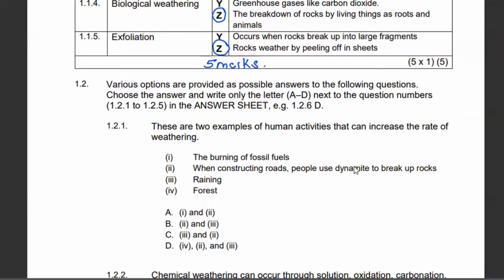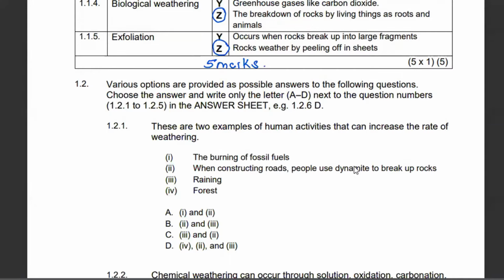Then we go to question 1.2. Here various options are provided as possible answers to the following questions. You're going to choose the answer and write only the letter A to D next to the question numbers 1.2.1 to 1.2.5 in the answer sheet given.